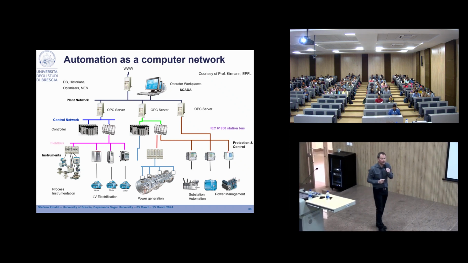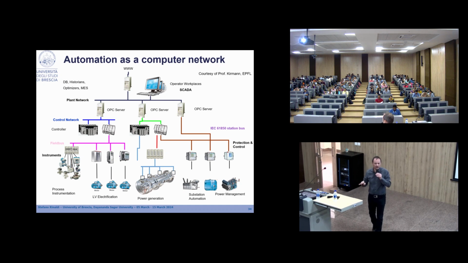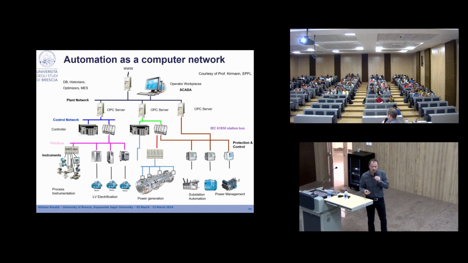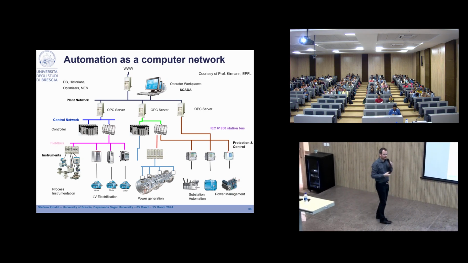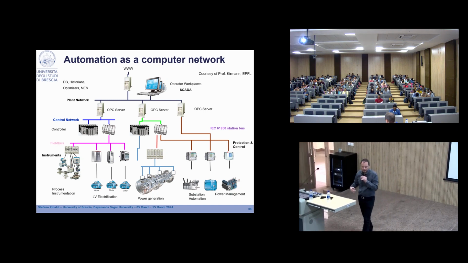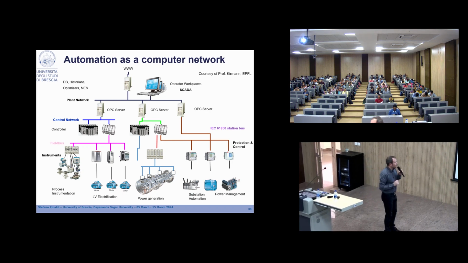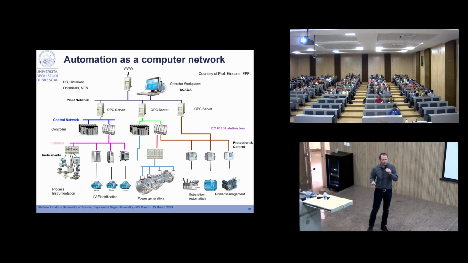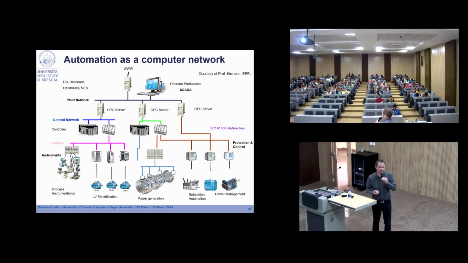Another characteristic I have to highlight in this picture is that in an industrial plant, generally, we don't have a single type of fieldbus connecting all the sensors and all the actuators. Because, as I mentioned before, factory automation and process automation basically use different devices.